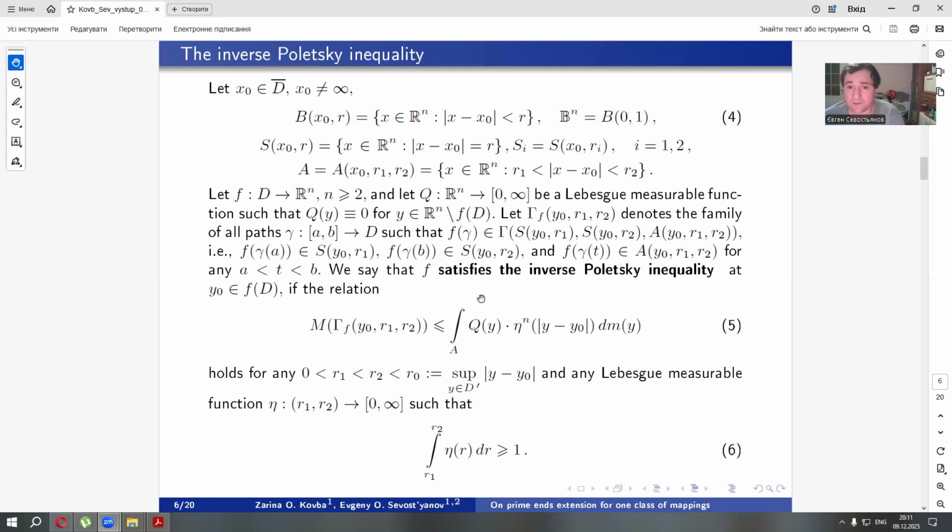We say that f satisfies the inverse Poletsky inequality at y_0 if relation 5 holds for any corresponding r_1 and r_2 and for any eta satisfying 6.